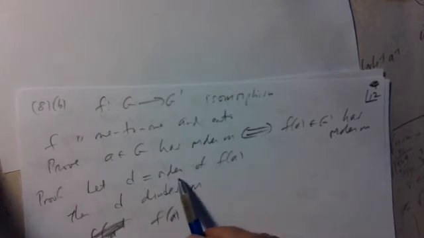So if D is the order of f of A, it means f of A to the power D is the identity. But because f is a homomorphism, this is f of A to the D. So f of A to the D is the identity.